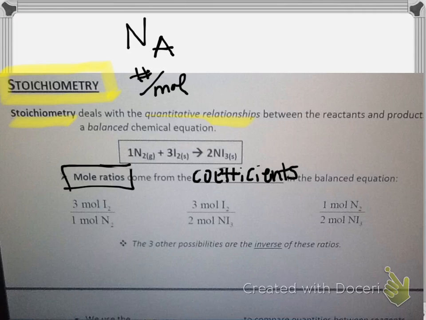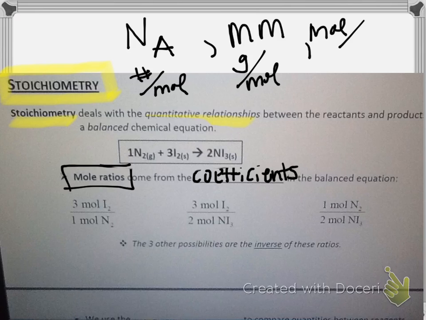We've got molar mass, which relates the gram quantity, the mass of anything, to the mole of that reagent. And now we're going to have mole ratios. Sometimes books call them mole-to-mole ratios, because that's exactly what they are. They tell you the moles of one reactant to another reactant or product in a balanced chemical equation.